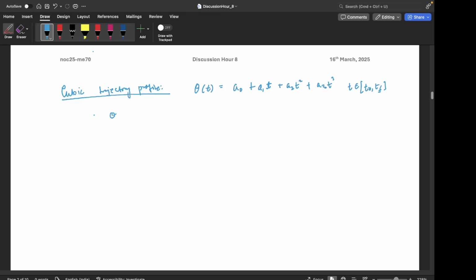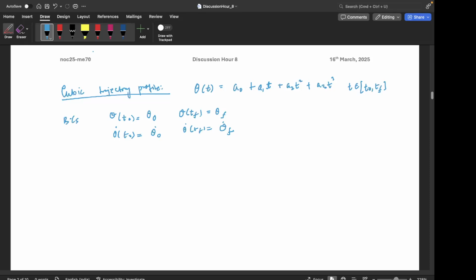So the boundary conditions are theta t0 is theta 0, theta tf is theta f, theta dot t0 is theta dot 0, and theta dot tf is theta dot f.